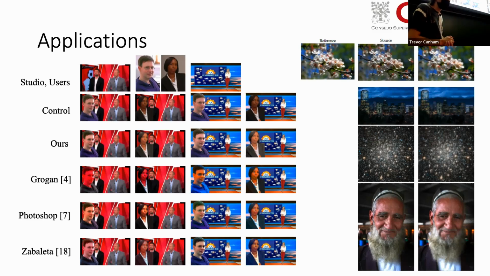We've also extended the feature decoupling base to spatial texture information by decoupling different spectral bands from the power spectrum and applying them from a reference image to a source.